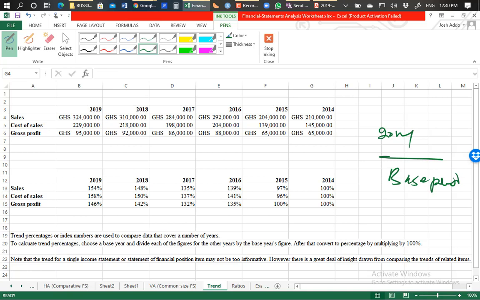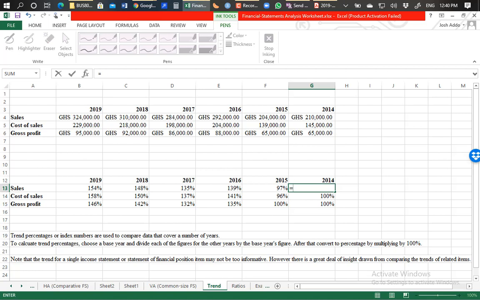So let's redo all these things I've done. You can do it for 2014 itself. That will be equal to 2014 divided by 2014 again, and it is 100%.